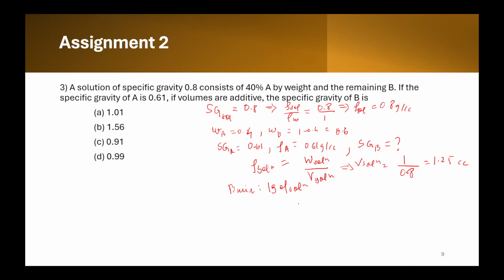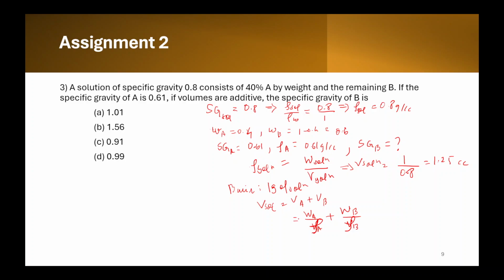Now we will equate, and volumes are additive. So V solution is equal to VA plus VB. We can find out VA because we know the weight and the density of A. So that will be equal to capital WA by rho A, and this will be capital WB by rho B. Sorry, rho A, my bad.